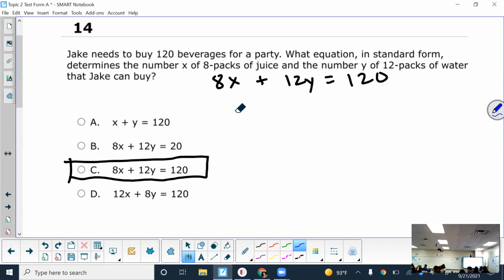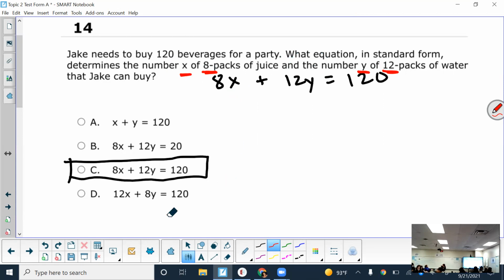Okay, well, just kind of look at how it's set up. It's X packs of 8 juice, so that's where we get 8 times X, and Y packs of 12 water. That's why we get 12 times Y. And then you need to buy 120 total, so that's why when you add them together, they equal 120.